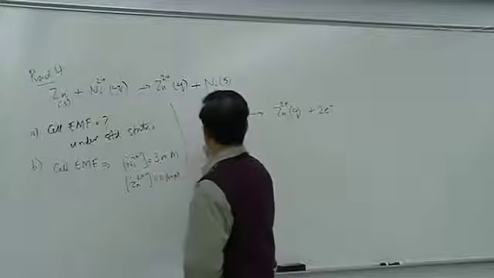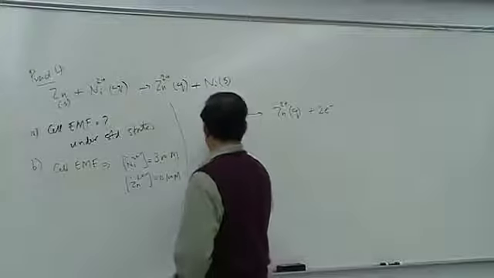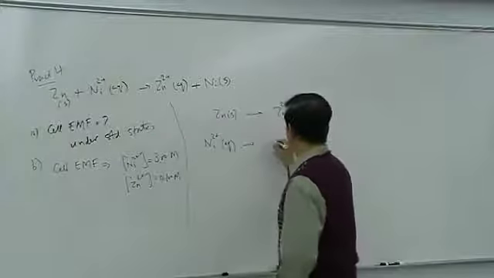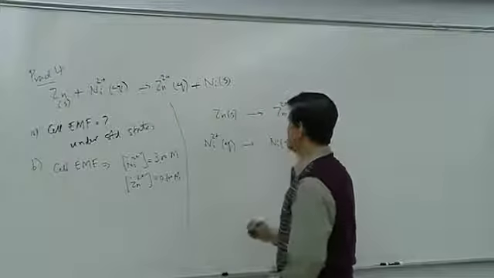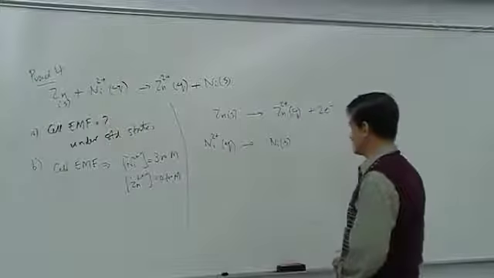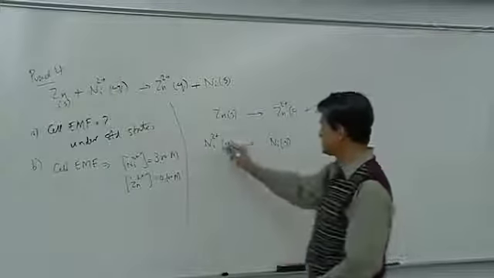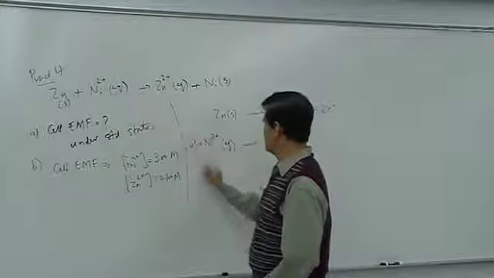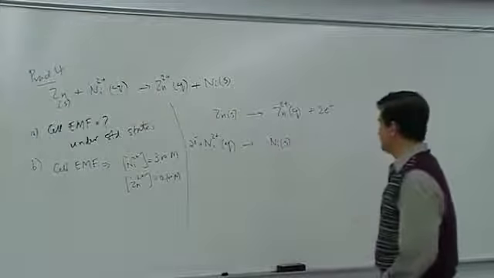Now my other half cell reaction would be nickel 2 plus in aqueous solution giving nickel solid. Again here nickel is balanced. I have the same number of nickel on both sides, but this is +2 and this is 0. So I need 2 electrons. So now it's balanced.